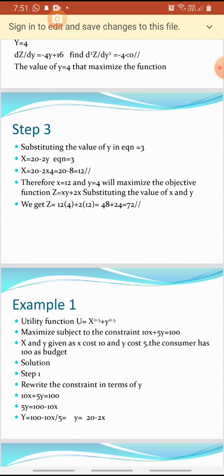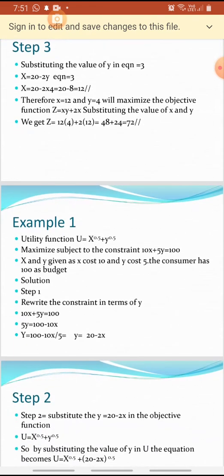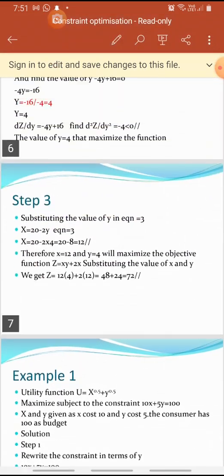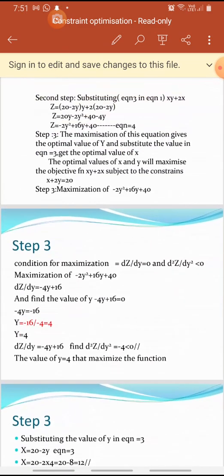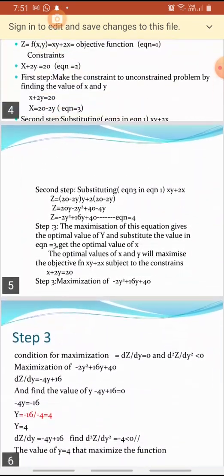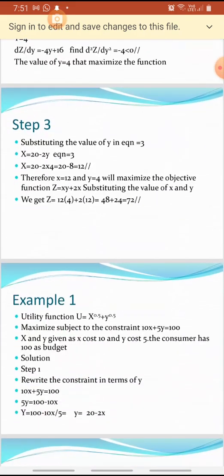We conclude that the maximum value of the objective function is 72. So this is the substitution method under constraint optimization.